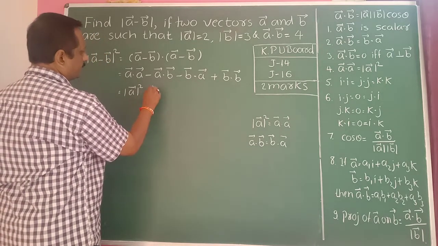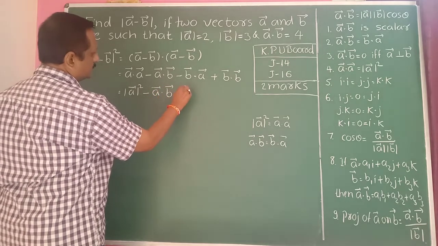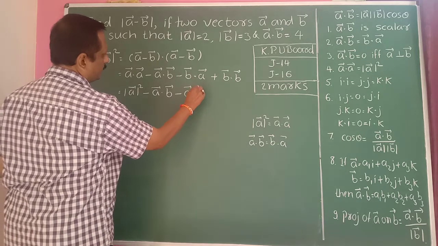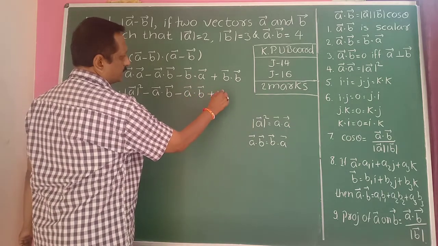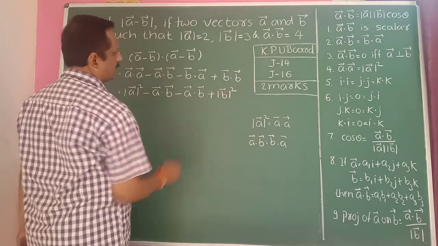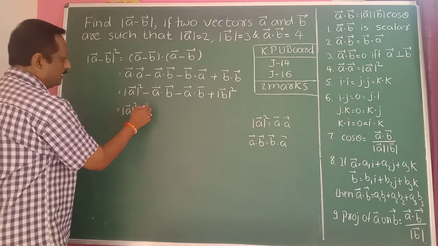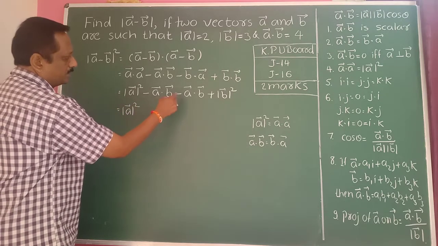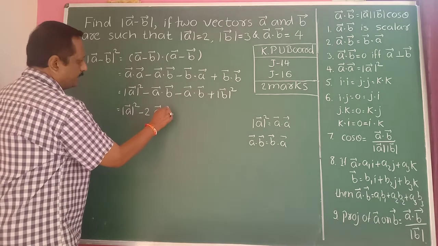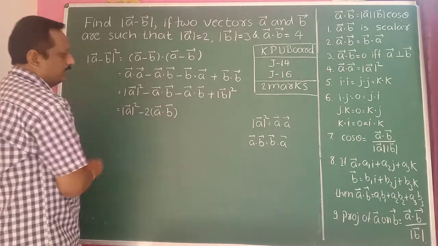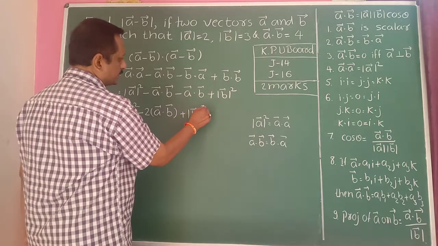Minus a bar dot b bar minus a bar dot b bar, plus again using this property, modulus of b bar square. Therefore this is equal to modulus of a bar square minus 2 into a bar dot b bar plus modulus of b bar square.